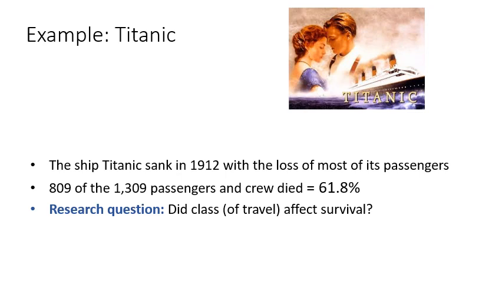Let us have our example on the Titanic to illustrate chi-square. Okay, so if you remember, the ship Titanic sank in 1912 with the loss of most of its passengers. So it's one of the biggest mishaps in the history of the shipping industry.